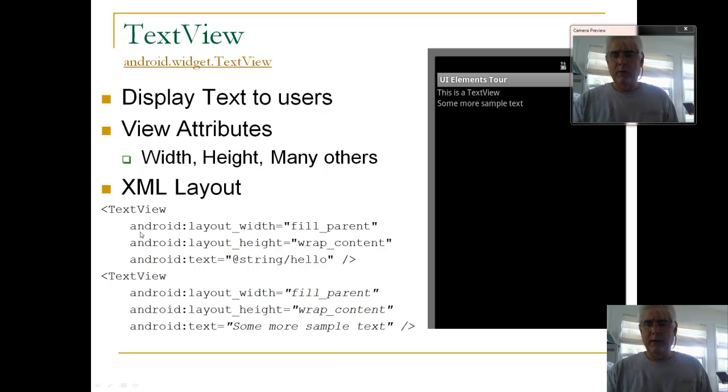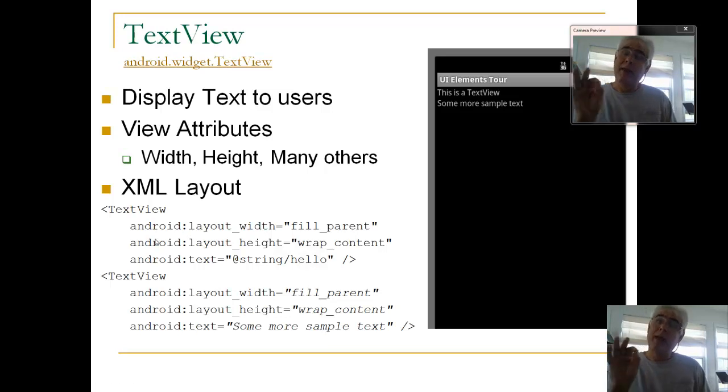Notice here we have attributes that go with the text view. Very common, width and height. Android:layout_width equals fill parent. What does that mean? It means we're going to use a namespace defined as part of the Android development kit. That's what the Android: means.